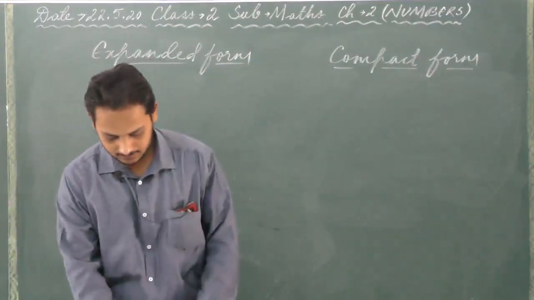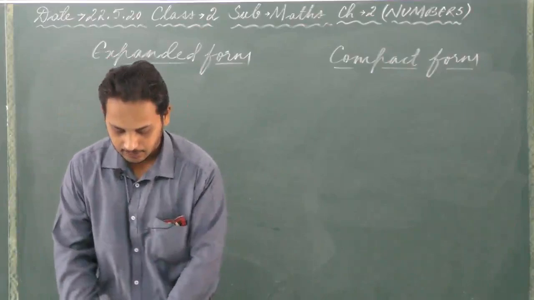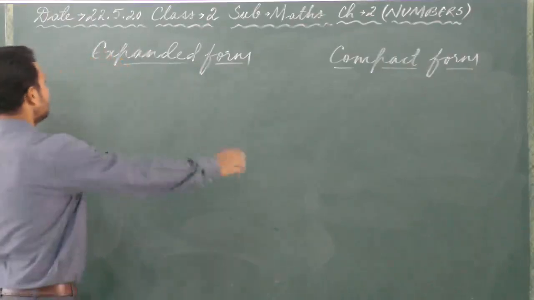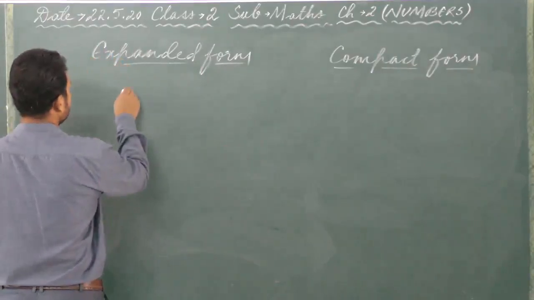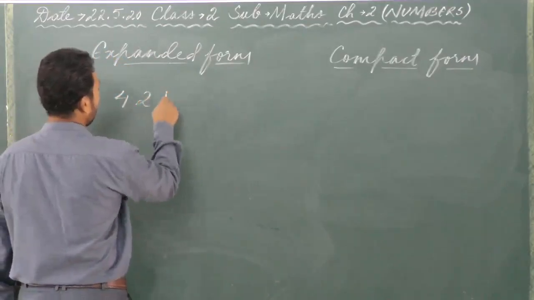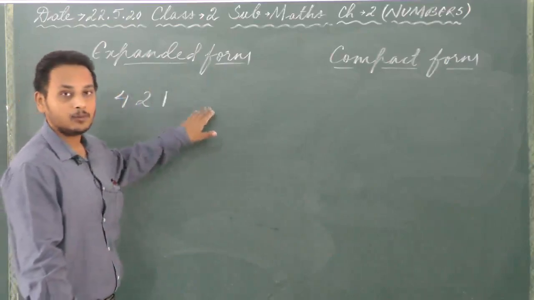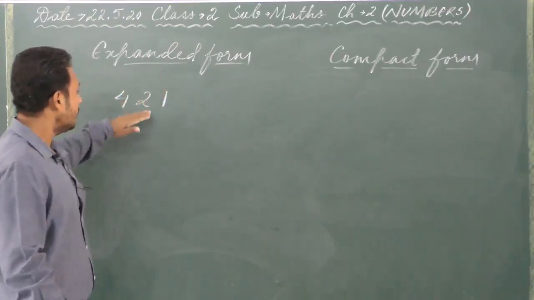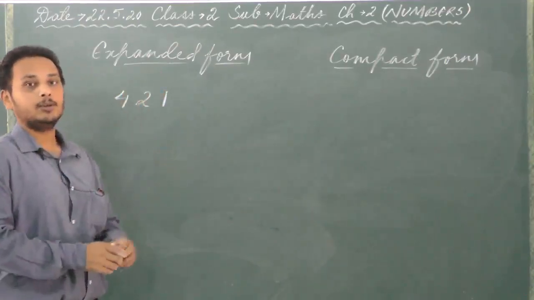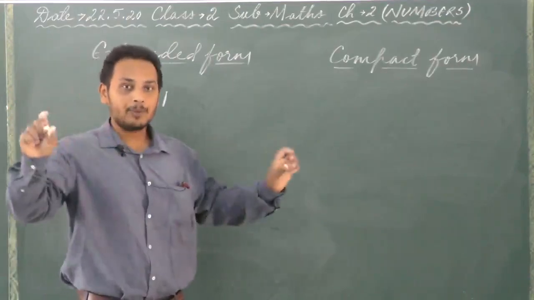Now, I'll give you some examples here. Suppose I write a number here, 421. Okay. Now, expanded form means what? Expanded form means you have to expand these numbers. You have to make the numbers look bigger.